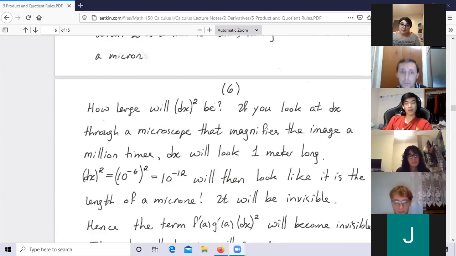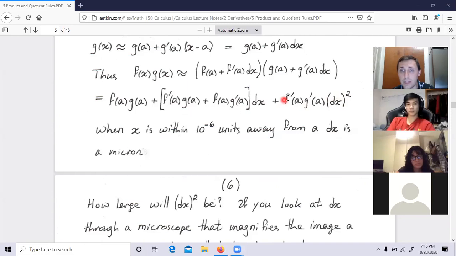Under that scale, you will not see dx squared. And you understand what I'm trying to tell you? So when you are zooming in, this dx squared part is invisible. Do you understand why? Because it's a square of a tiny number. This part will be invisible.